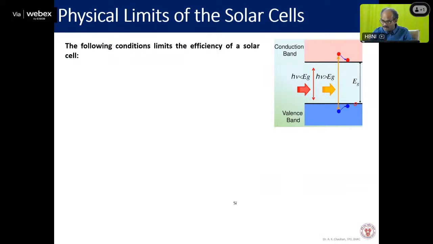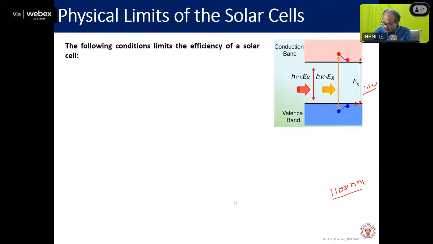Now this band gap, which was 1.1 electron volt, corresponds to nearly 1100 nanometer of wavelength. So it means a 1100 nanometer wavelength is sufficient for raising this electron from the top of the valence band to the bottom of the conduction band.